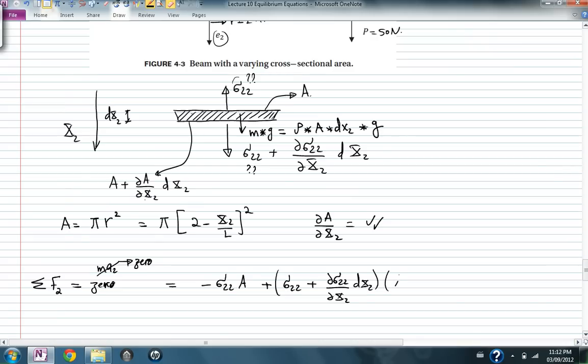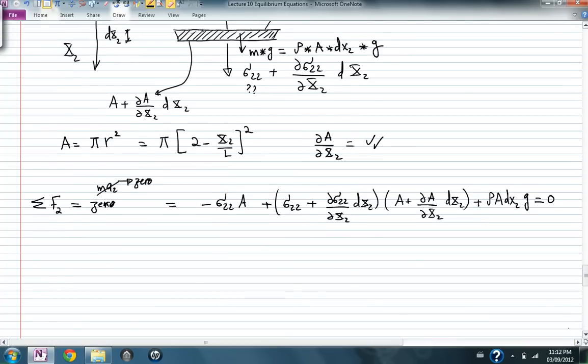What is the area? It's A plus partial A by partial x2. So the top force, the bottom force, plus the gravity field, all this is equal to 0.